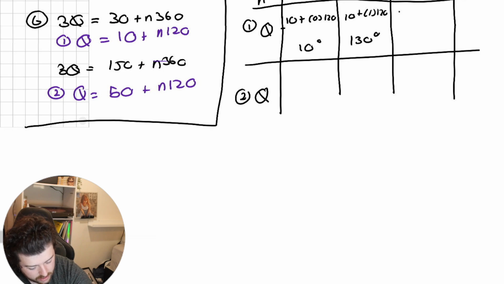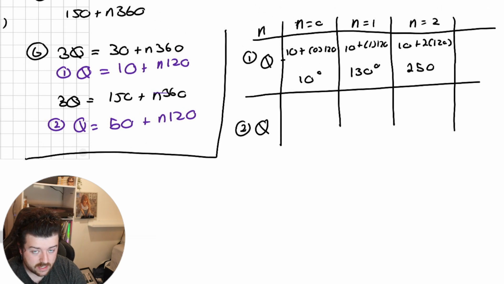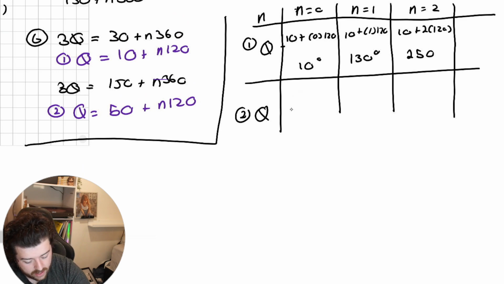Then n is equal to 2. 10 plus 2 times 120, which is going to be equal to 250 degrees. Sorry, you can't see that there. Now here for my second equation is 50 plus n times 120. So that is going to be 50 plus 0 times 120, which is just 50.